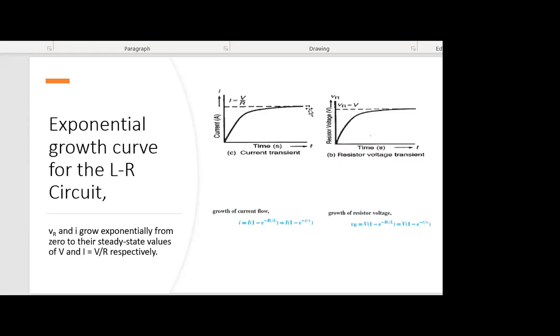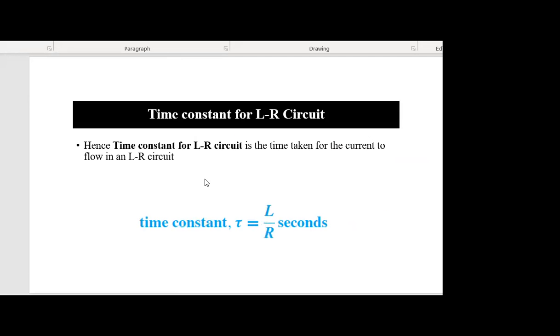Even here we have the change in the steady state and the change in time. So that is clear. Then we look at the time constant. Time constant tau, which is T2 minus T1, will be equivalent to L over R in the RL circuit.